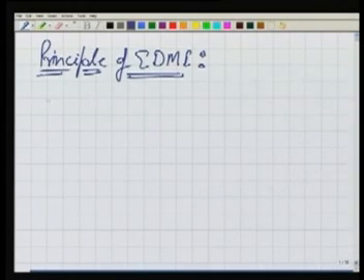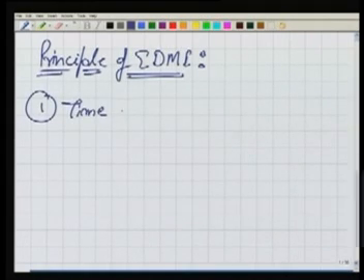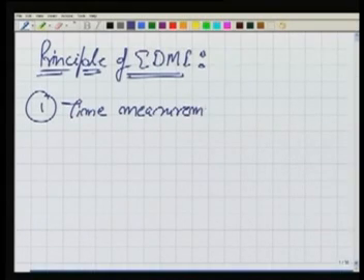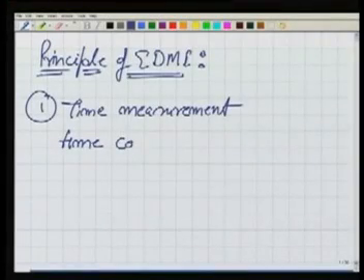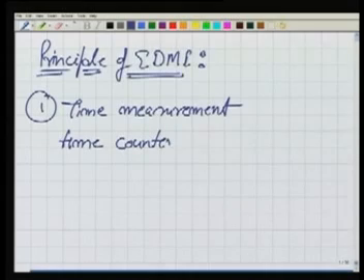Number one method which we are talking about was by time measurement. Now what is this? In the case of the time measurement, there is a time counter. Generally this is called the time counter, and what is happening there?